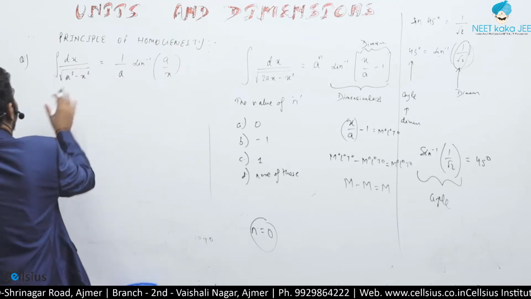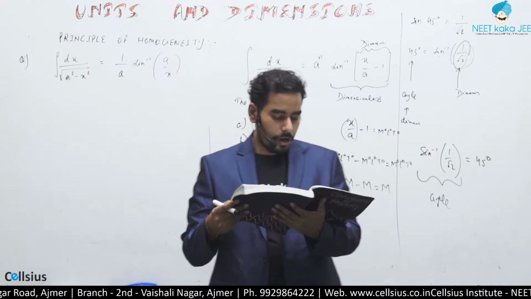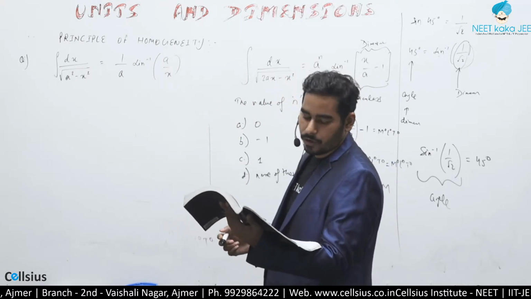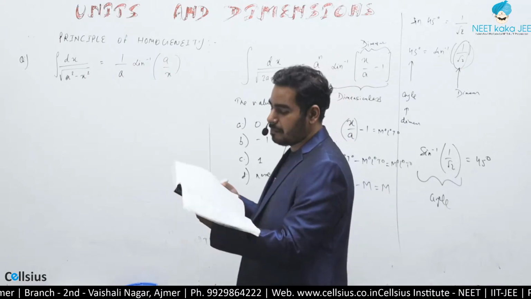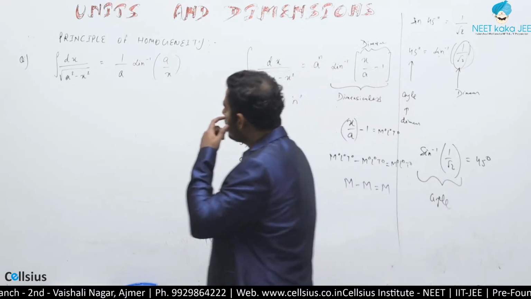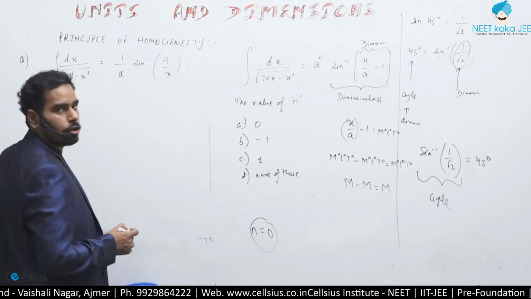Okay, so we have a relation like this: integration of dx upon under root of a square minus x square is equal to 1 by a sine inverse of a by x. Is this dimensionally correct or not? This is our question.